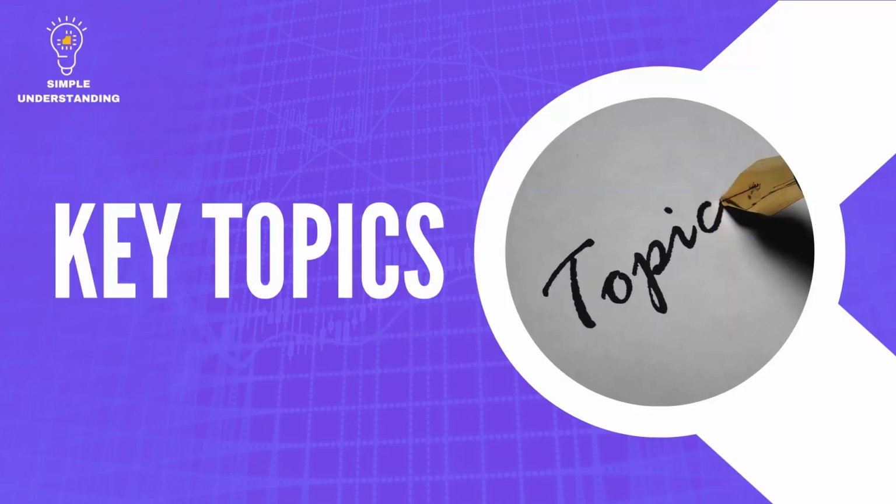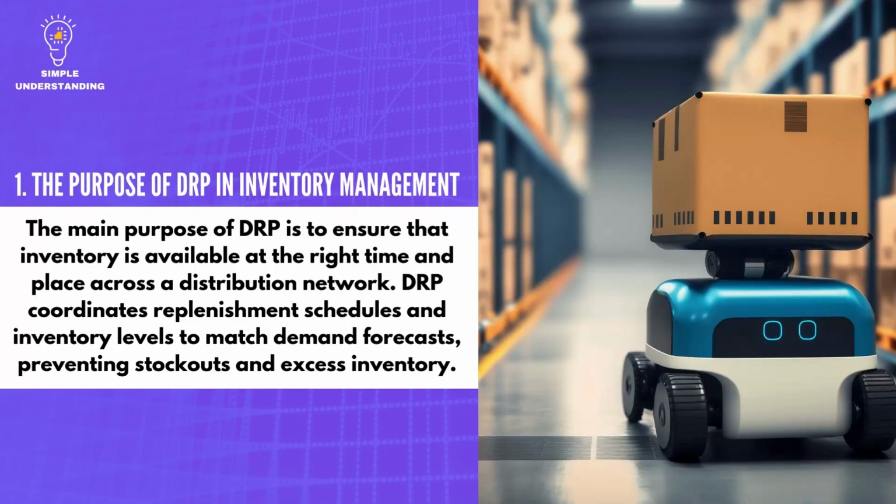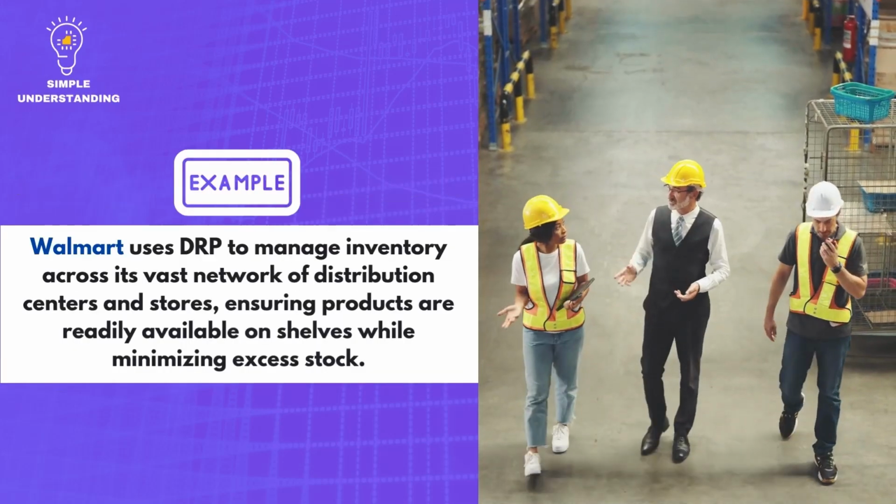Key topics. 1. The purpose of DRP in inventory management. Explanation. The main purpose of DRP is to ensure that inventory is available at the right time and place across a distribution network. DRP coordinates replenishment schedules and inventory levels to match demand forecasts, preventing stockouts and excess inventory. Real company example.